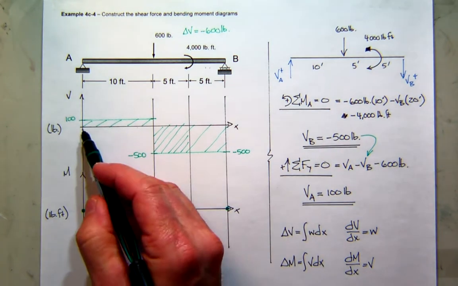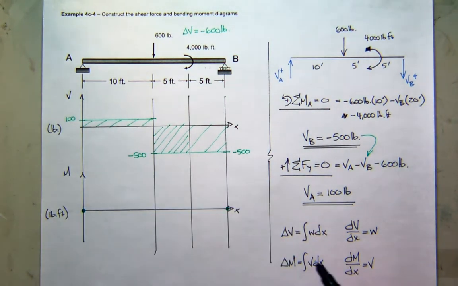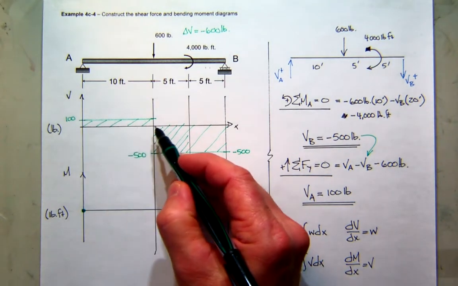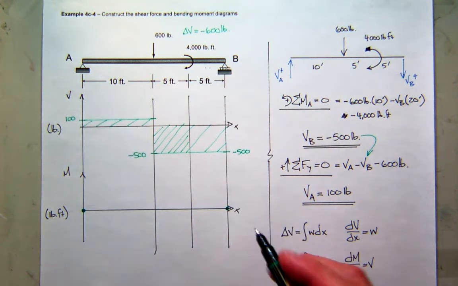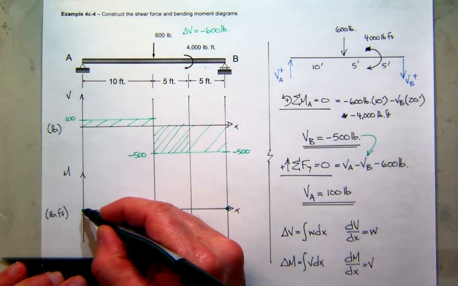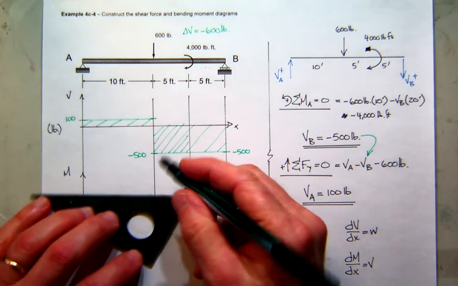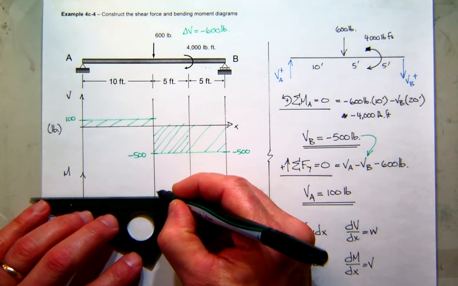So starting with the first 10 feet, the change in moment is the area of the shear diagram. What's the area of the shear diagram here? Yeah, it's a rectangle, base 10 times height 10, that's 1,000. So 0 plus 1,000 is 1,000, right?